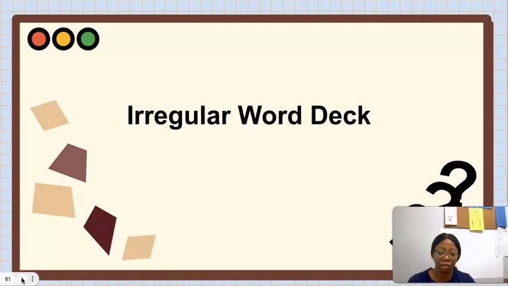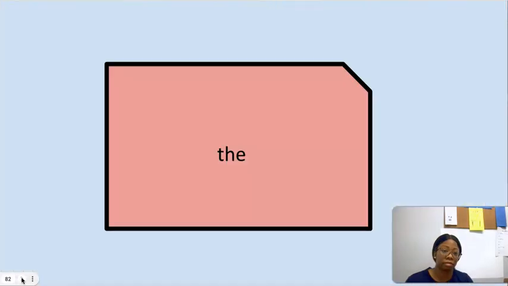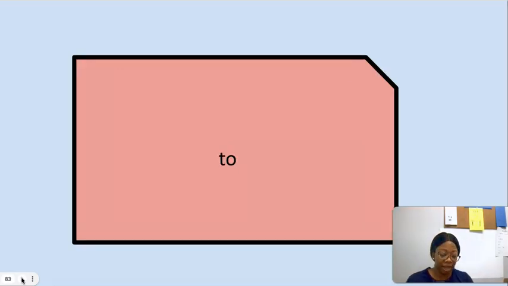Before we get into it, we're going to look at some irregular words. All right, so our first word, what's the word? The. And the is an irregular word because the E makes the sound. The. You hear the sound? Okay, and the next irregular word is? Two.